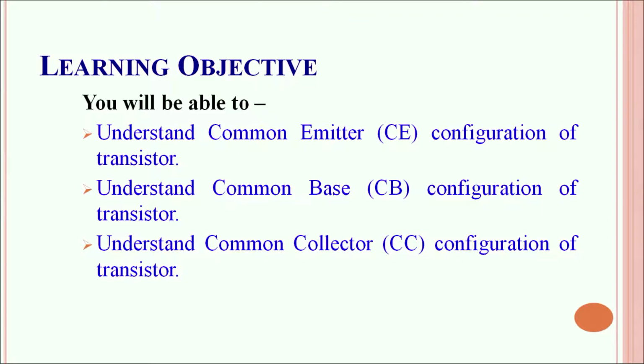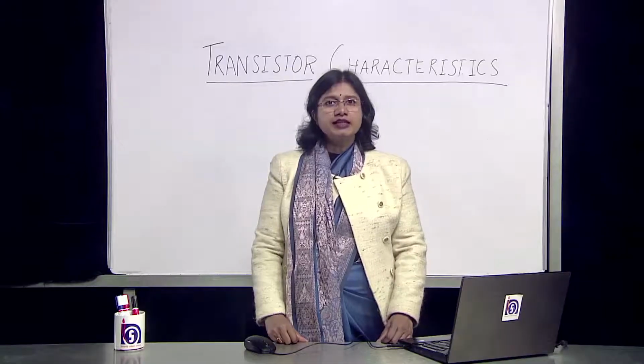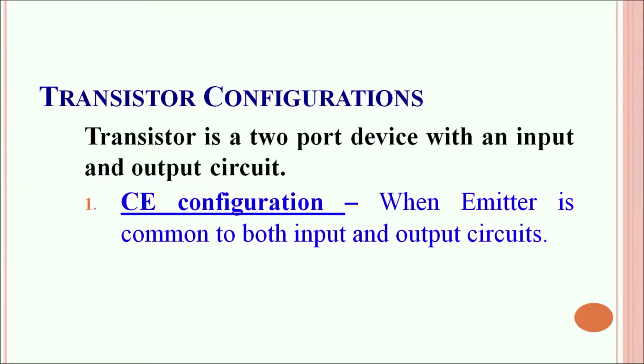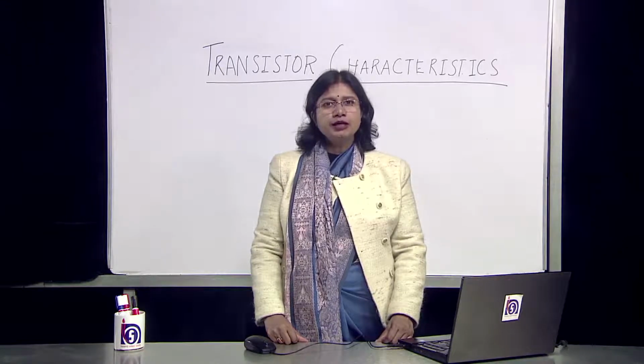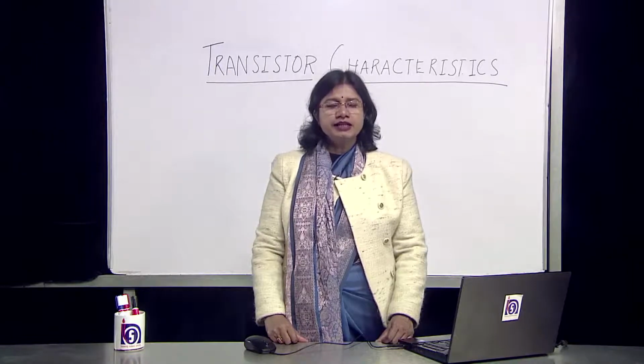As you are aware, the transistor is a two-port device with an input and an output circuit. Over here, in the common emitter configuration, the emitter is common to both the input and the output regions because in the transistor there are these three regions.